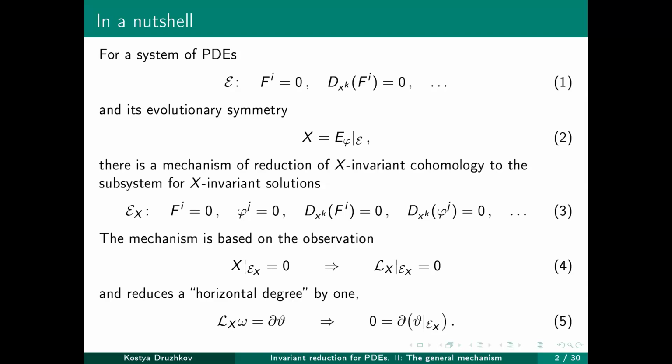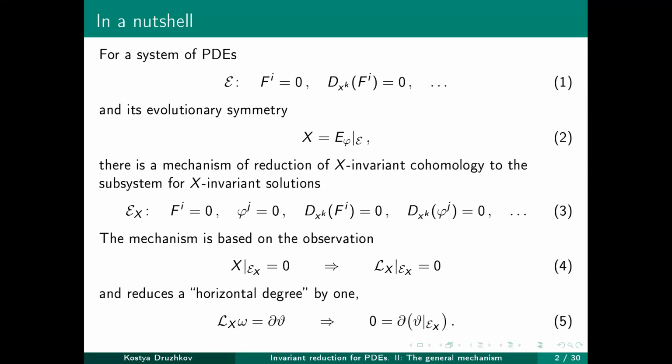Let's consider a system of PDEs given by formula 1, and its evolutionary symmetry. We can consider the corresponding system that describes invariant solutions, and the system is given by formula 3. So instead of the original system, we can consider the original system plus equations of the form the characteristic on the left-hand side equals 0 on the right-hand side.